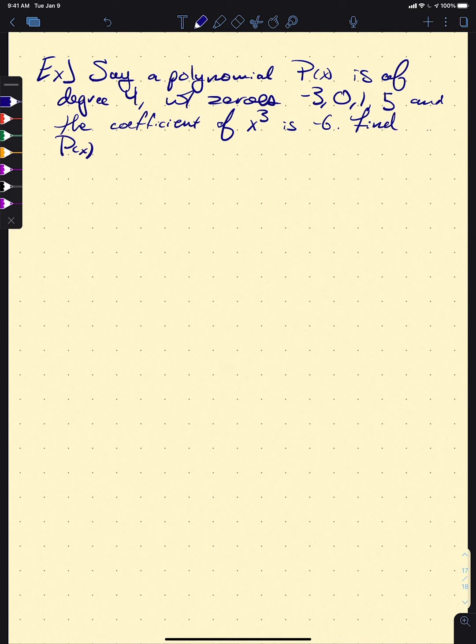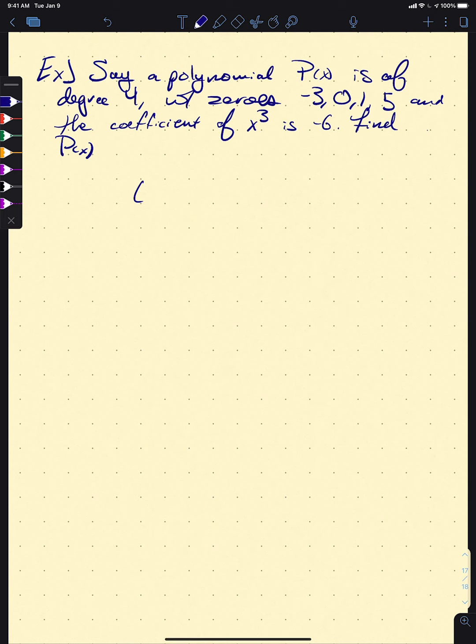Okay, so here's what we're going to do, right? This may seem rather difficult or even impossible. We can sort of run through the math, okay? We know that each of these zeros corresponds to factors of my polynomial, okay?